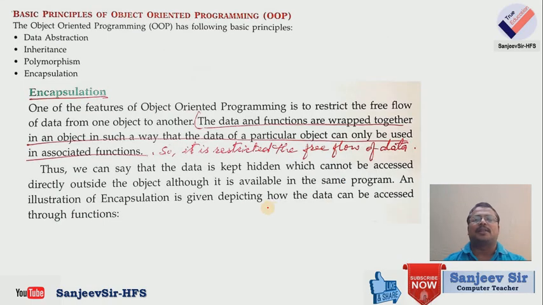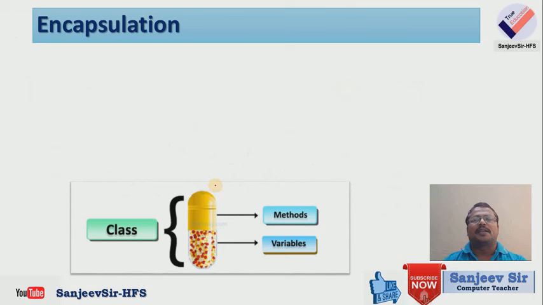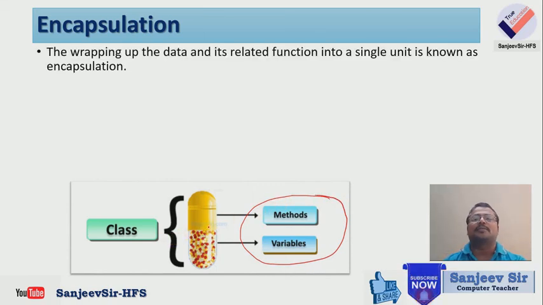Now we understand encapsulation. Encapsulation means wrapping data, methods, and variables as a single unit in a class. When we wrap functions and their related data into a single unit, that is known as encapsulation.